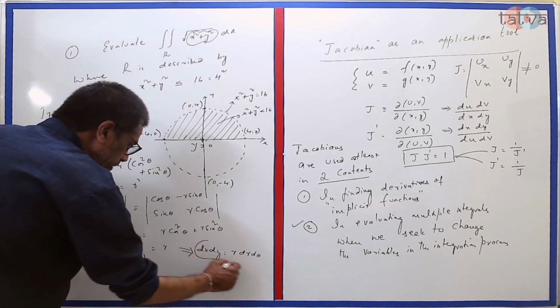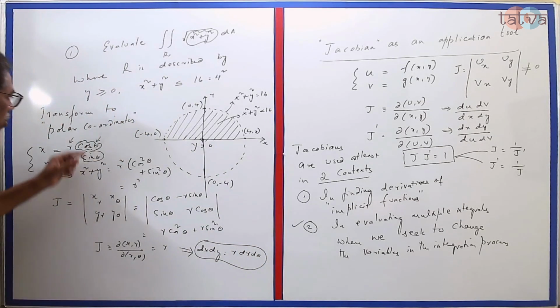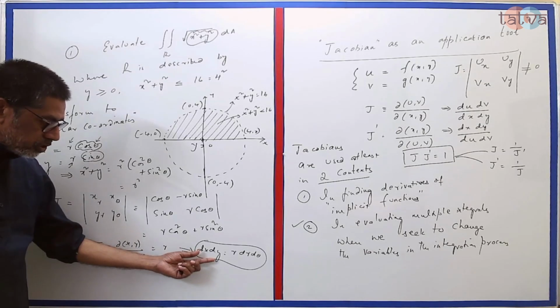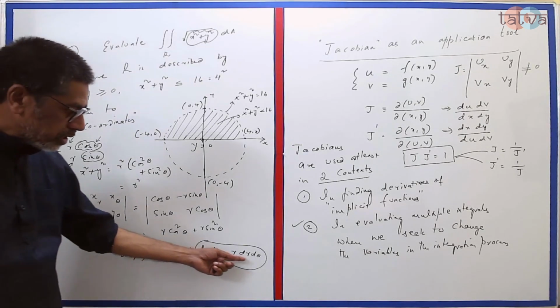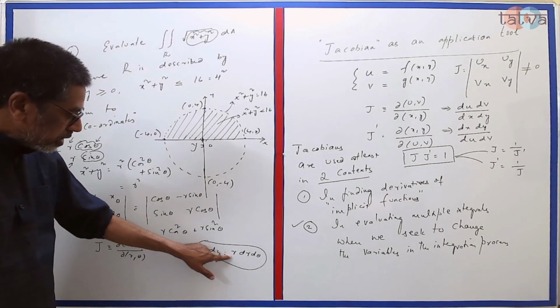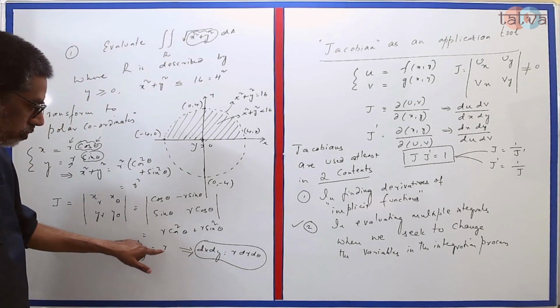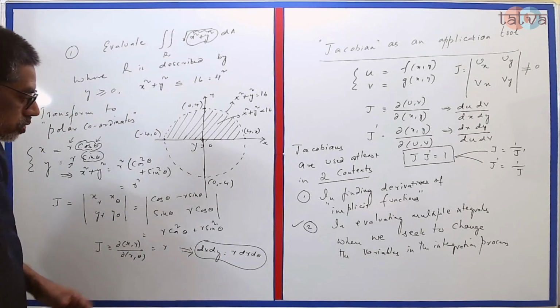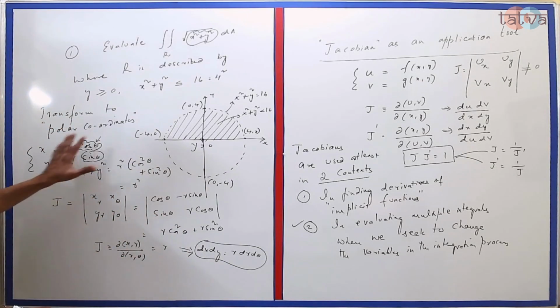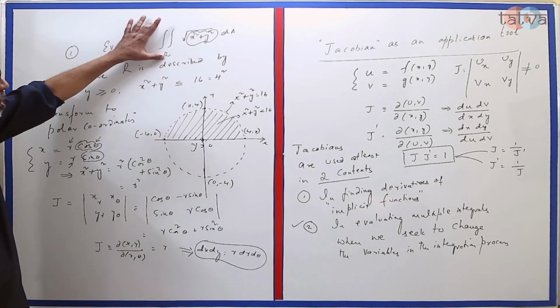So each time we use polar coordinates, the transformation of dx dy to r dr d theta happens, where r is the Jacobian that we just found out. So what has happened now? I'm going to use all this information and insert it in my problem.